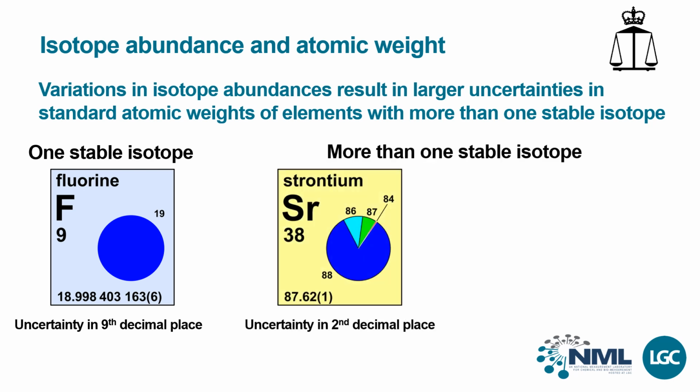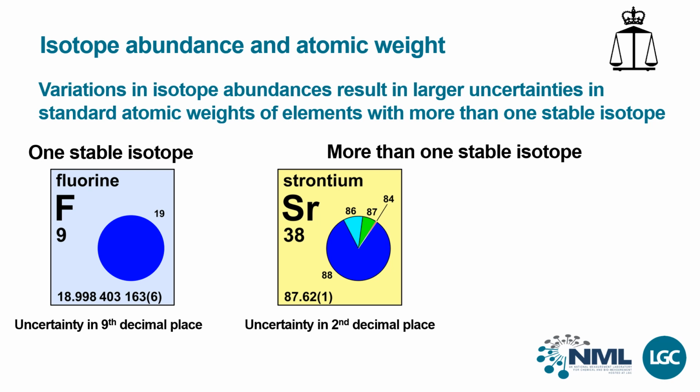For elements with more than one stable isotope, e.g. strontium with 4 stable isotopes, the uncertainty in the standard atomic weight is much larger. This is because the abundance of strontium isotopes varies between samples of strontium. The chart showing the distribution of strontium isotopes shows this variability, which contributes to the uncertainty in the standard atomic weight.